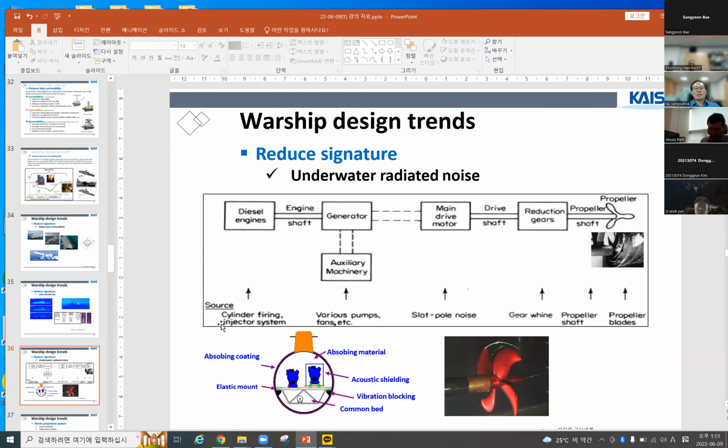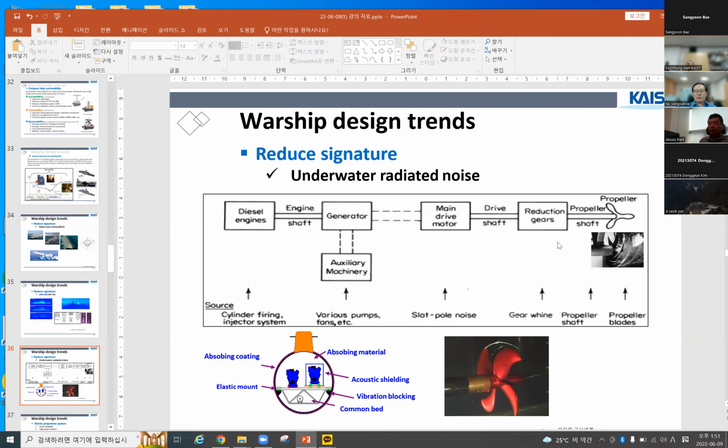The vibration sources of the diesel are cylinder firing and injection systems, and for the generator, various pumps and fans, etc. The main drive motor has slot pole noise, the reduction gear has gear whine, and then the propeller shaft and propeller blade.